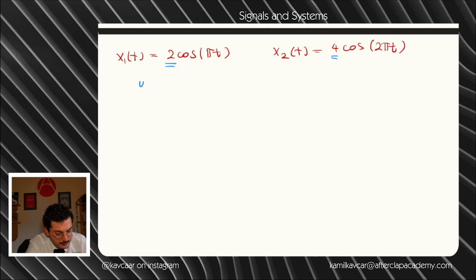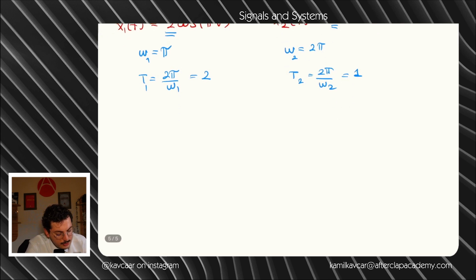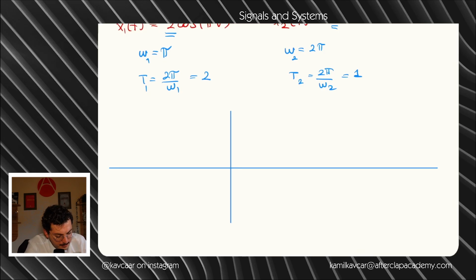So here the angular frequency is pi, and here it is 2 pi. The period here is 2 pi over angular frequency, which is equal to 2, and here the period is 2 pi over angular frequency, which is just 1.